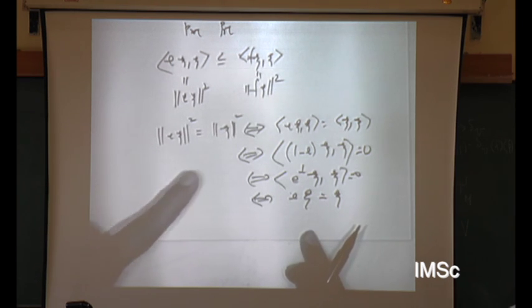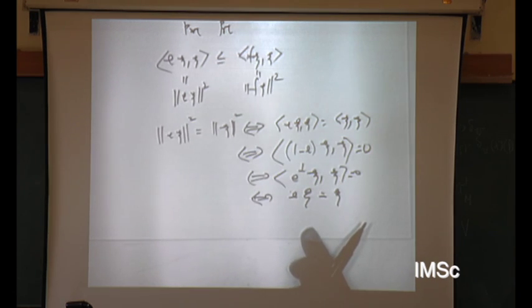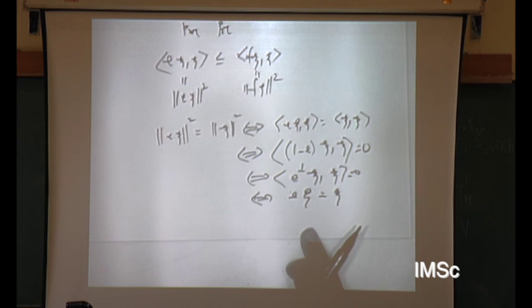This is the same as norm of 1 minus E xi squared. So that will be 0 precisely when 1 minus E xi is 0. Right. So a projection will attain its norm at some vector only if that vector is in the range.